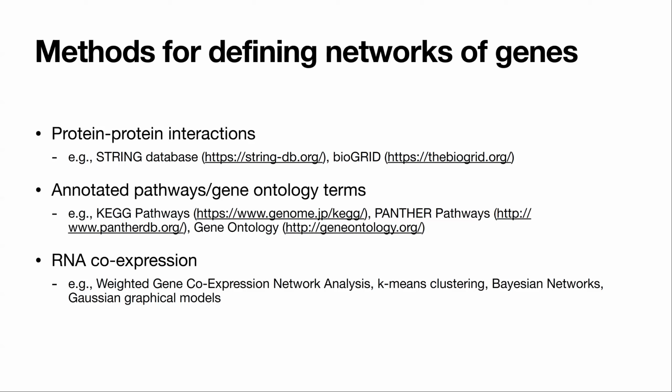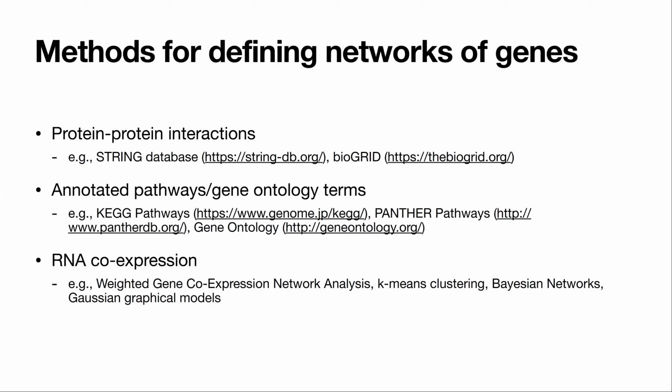And then finally, one of the other methods, and again, this isn't an exhaustive list, is RNA co-expression. So instead of looking at relationships at the protein level or things that are derived from the literature, we're actually looking at a mathematical or statistical mechanism for talking about the interaction between two genes or two RNA transcripts. And again, there's lots of different methods out there for doing that.